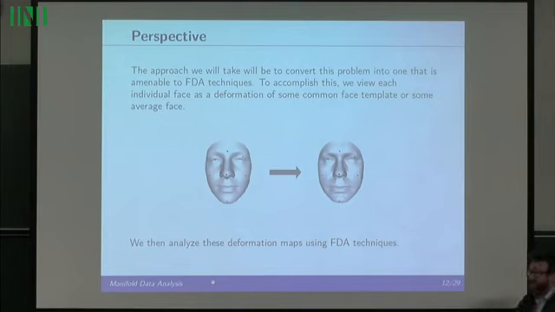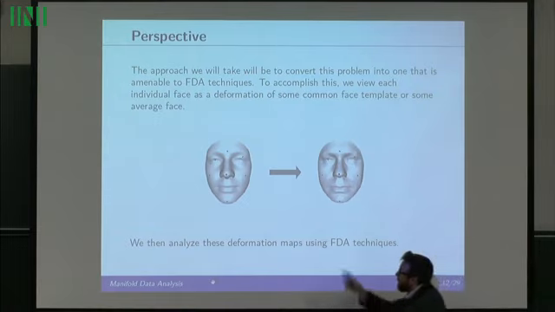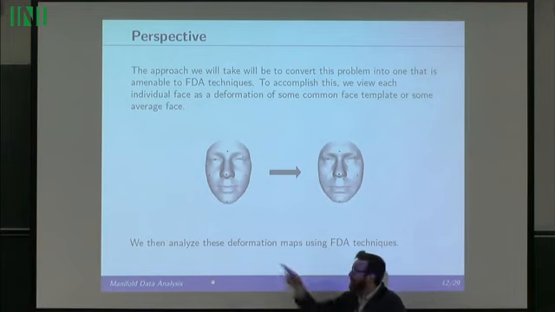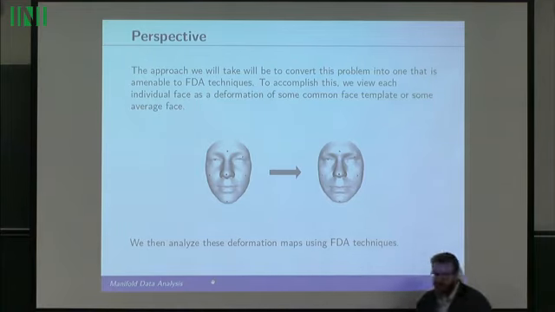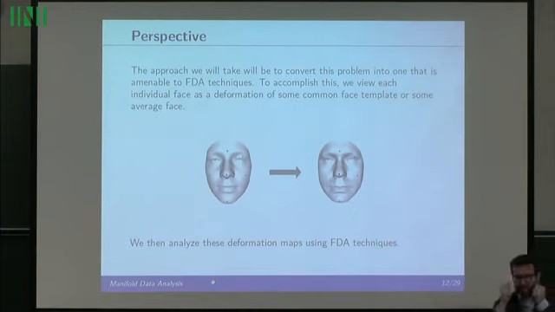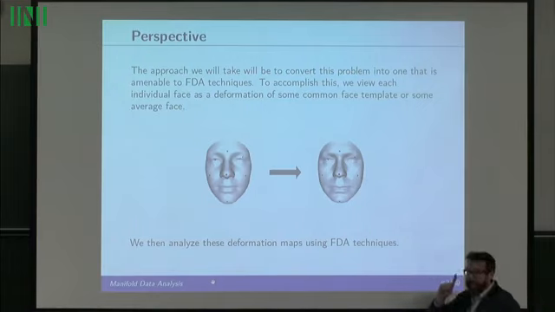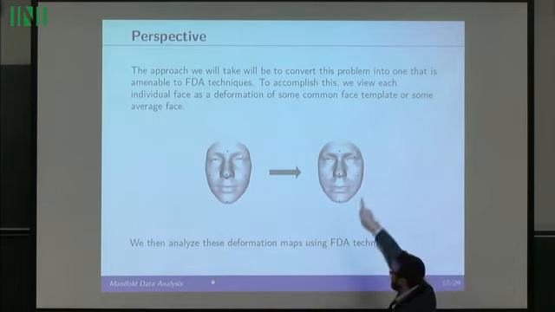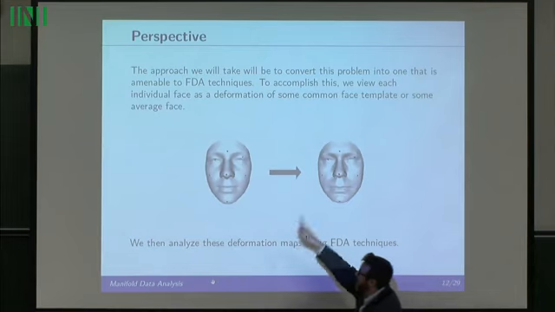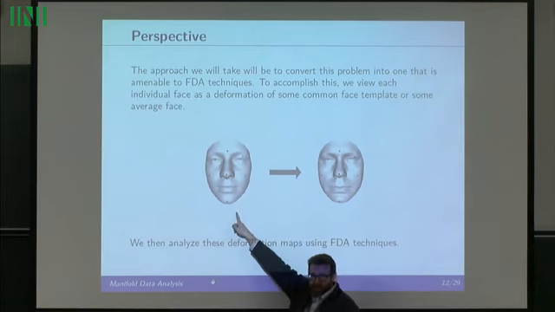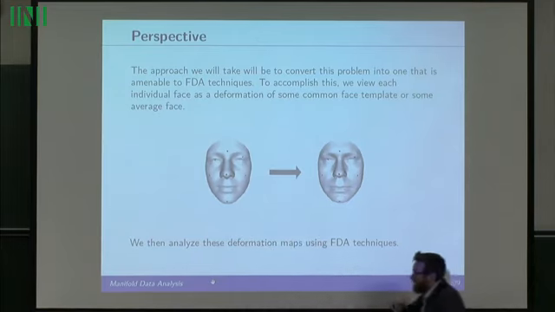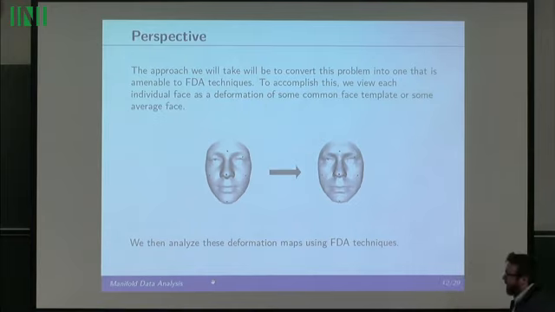We think of there being some average, and then I have some noise which pushes me away from this average. In this sense, the noise is just the deformation of this average face into Mark's face. I have to take the cheeks and do something like this, and the nose and do something like this, and then I'll get Mark's face. And I'm going to do this with every face, so you can stack them up. Each face is going to have this alignment to exactly the same average, the same common face.